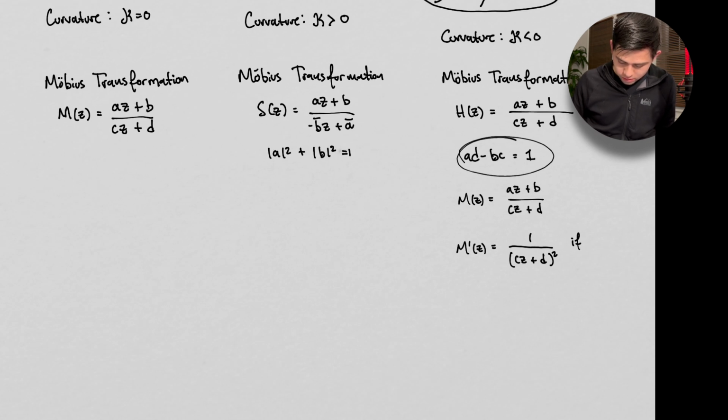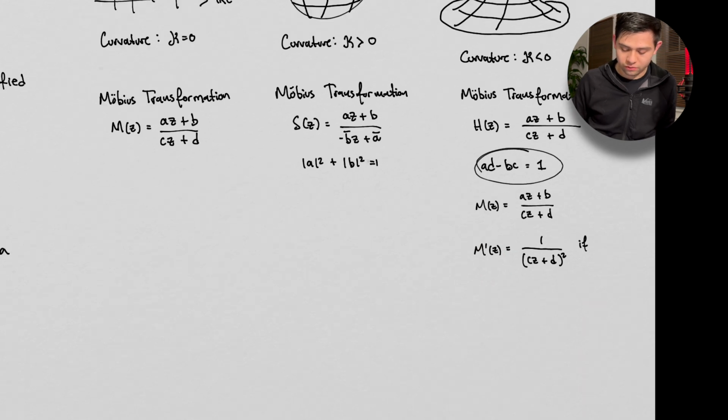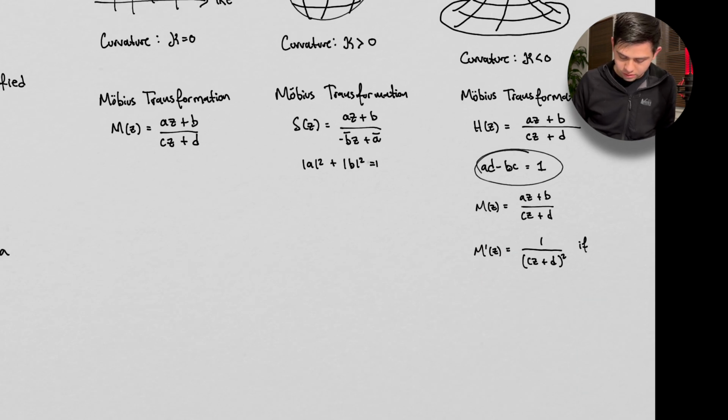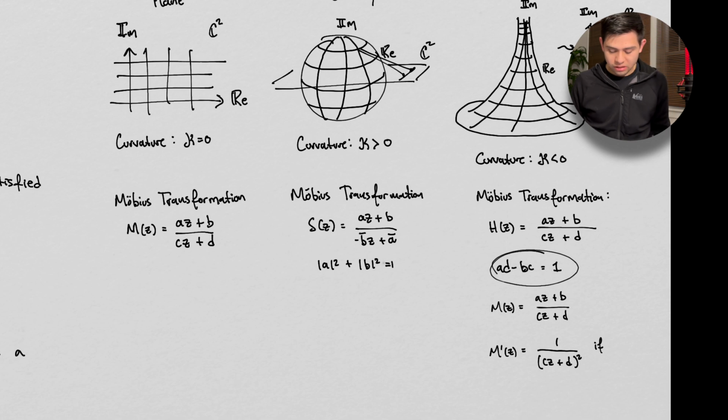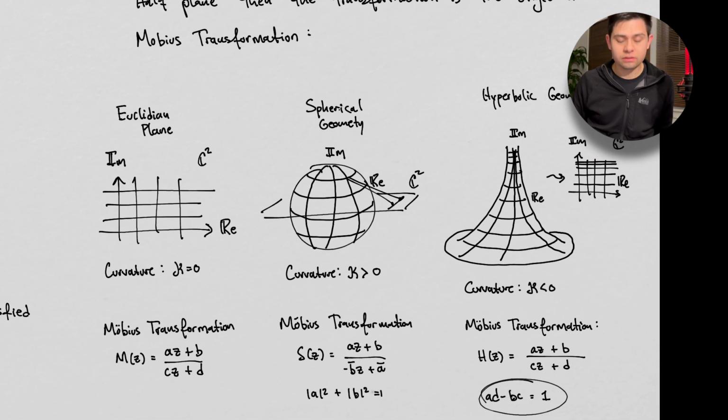So that's where that comes from. This comes from showing the actual derivative of a Mobius transformation itself. But anyways, we have now summarized Mobius transformations in our 3 constant curvature cases.